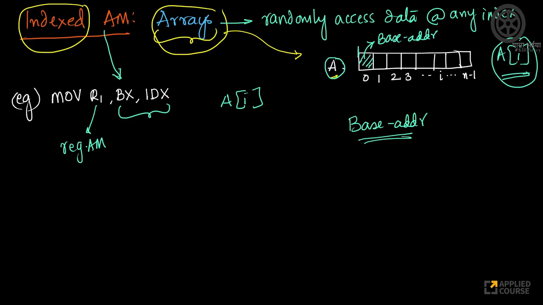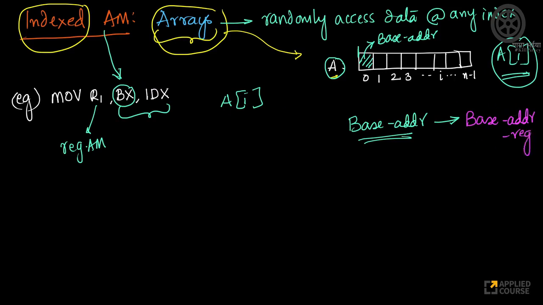Literally this address is your base address, where everything starts being stored. That's what we refer to here as BX, base address, right? To store the base address, most modern microprocessors have something called a base address register.